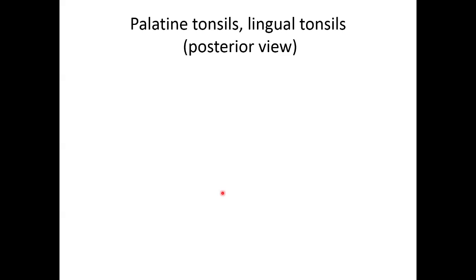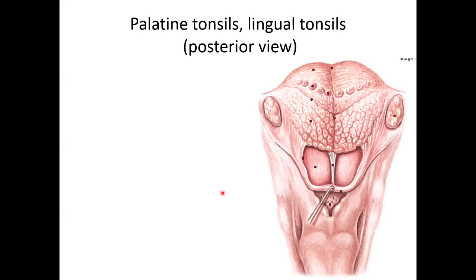And the same, let's try to imagine from the back position, from the posterior view. Sure, in life, it's impossible to find such a picture. It's only in an anatomical specimen or during the process of intubation.